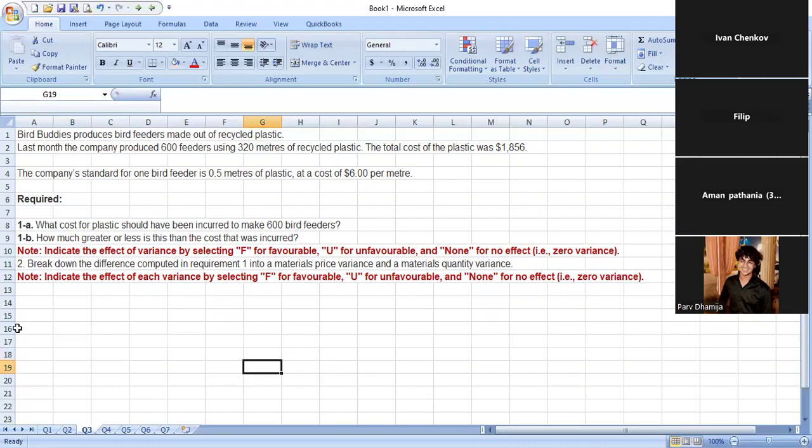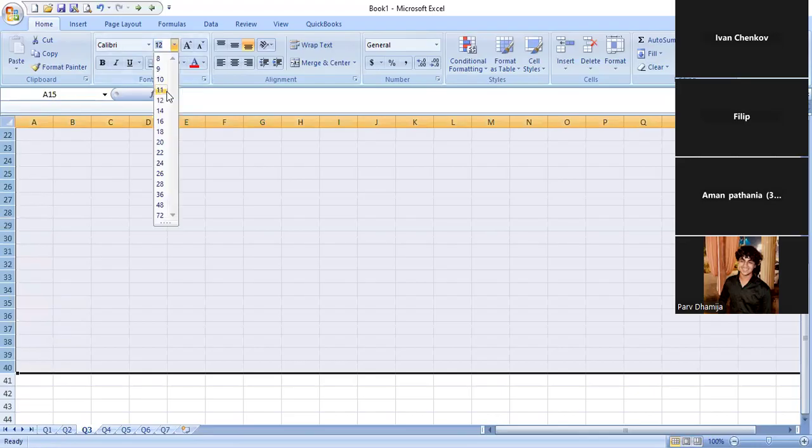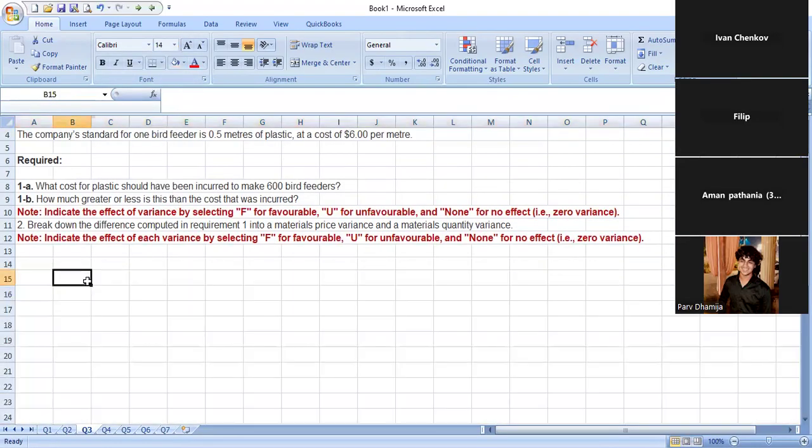So how are we going to do this question? Well, I'm going to stay with the format that I showed you, with the chart that I showed in class, and just implement it here, which will be the actual quantity times actual price.